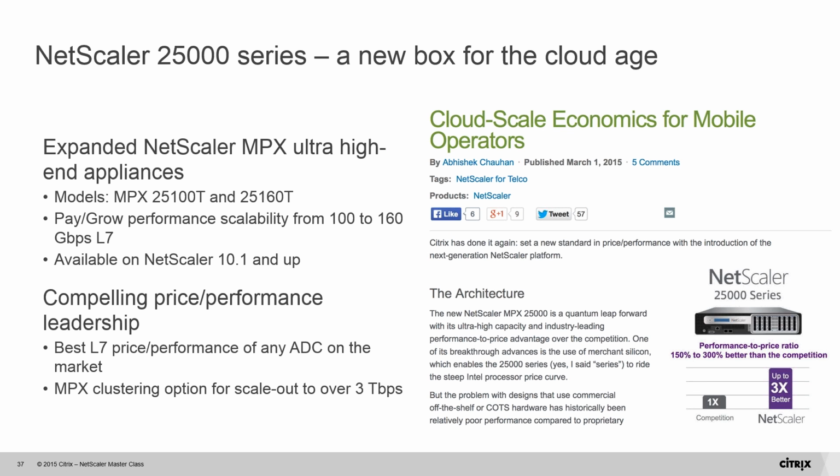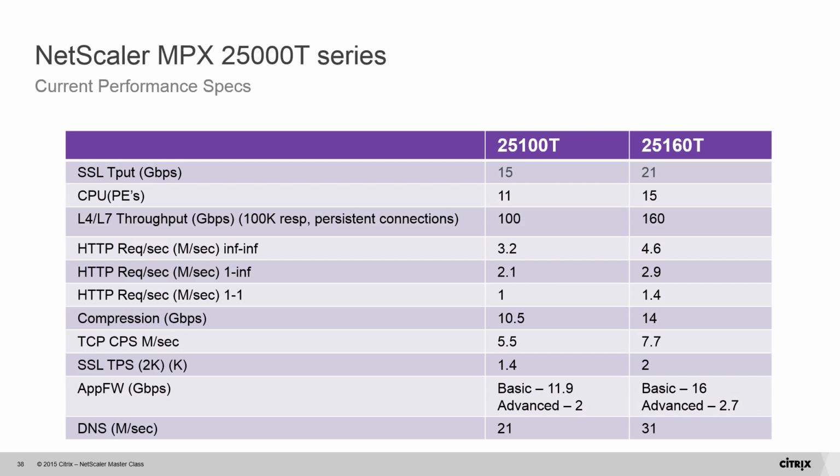And on the next slide, we'll get a little more detail. In the next section even, we'll go into that blog that was highlighted on the right of the last slide. Here, looking at the detail, I'd like to draw your eyes towards the bottom 3 from the bottom. It would be the SSL transactions per second with 2K certs. So 1.4 thousand, certainly that's a lower number than what we would expect of the 22000 series or even the 24s.